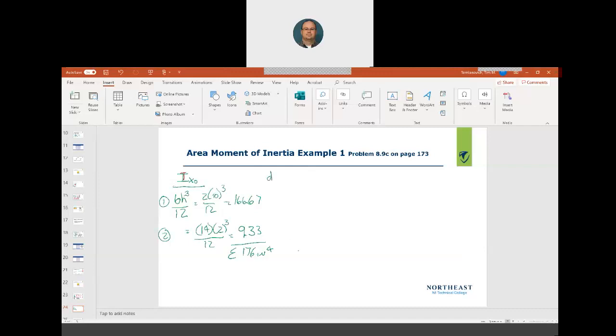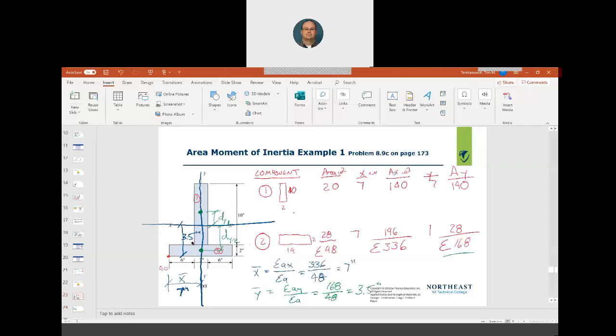So now we want to find dx. We want to find a distance because Ix is measured in the x direction.